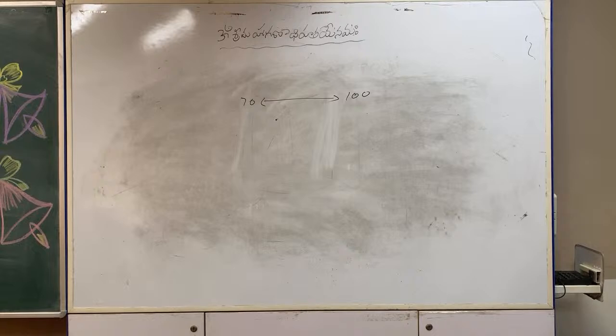What I am asking and what answer you are giving, Ishan? What are the prime numbers between 70 and 100? 71, 73, 83, 89, 97.